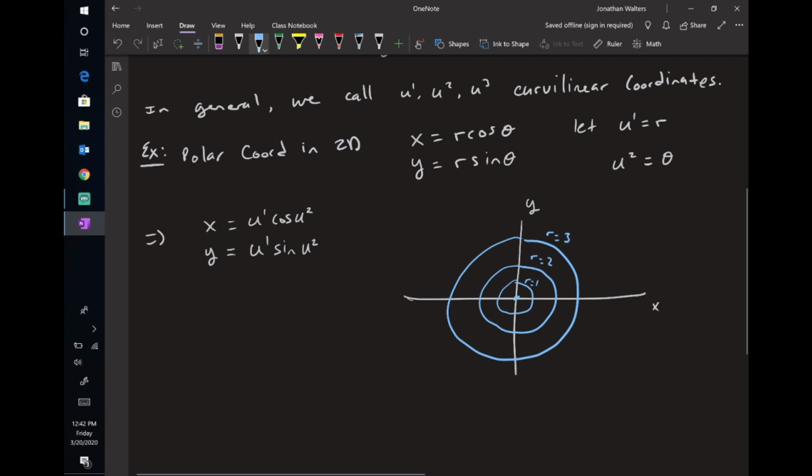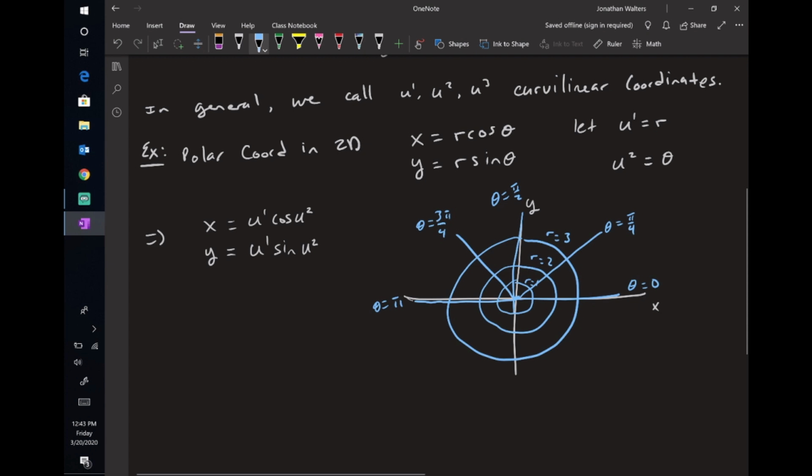Now theta equals 0 is right here. Theta equals pi over 4. Theta equals pi over 2. Theta equals 3 pi over 4. Theta equals pi.